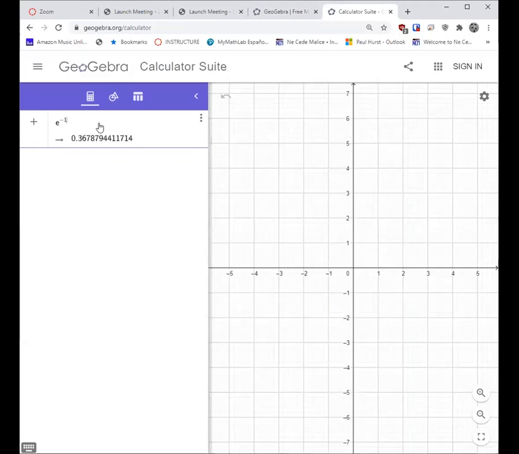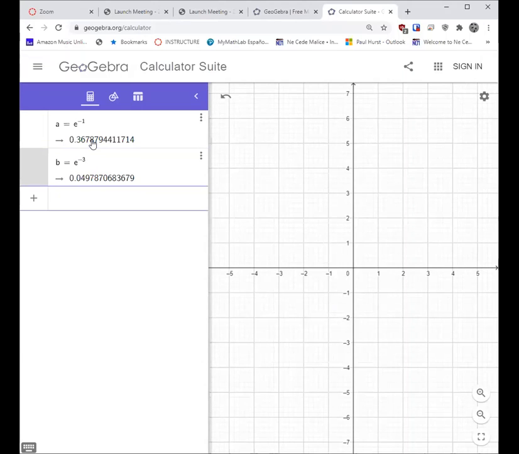If you raise it to the -1 power, you're going to get 0.3678, but you round that to 0.368 because they want 3 decimal places. And then the next one was e to the negative 3. And there's that one.